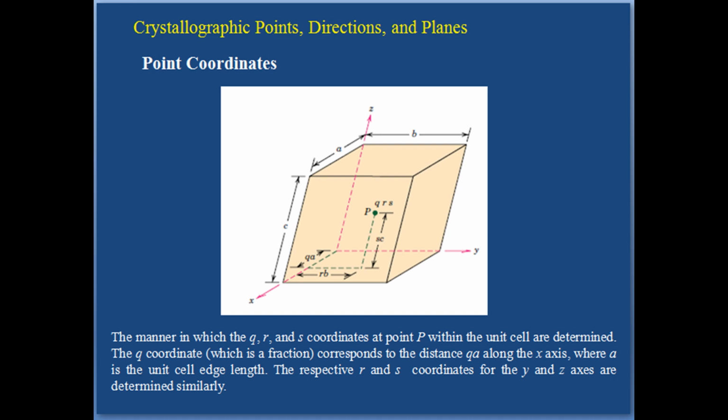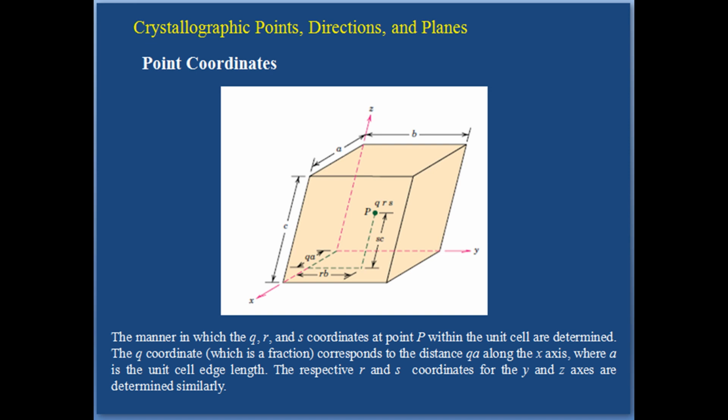We specify the position of P in terms of generalized coordinates q, r and s, where q is some fractional length of a along the x-axis, r is some fractional length of b along the y-axis, and similarly for s.